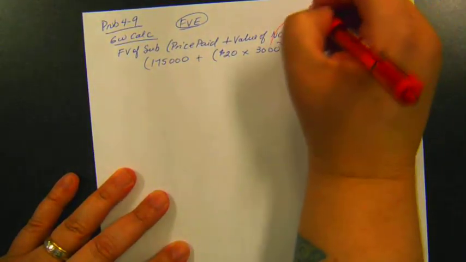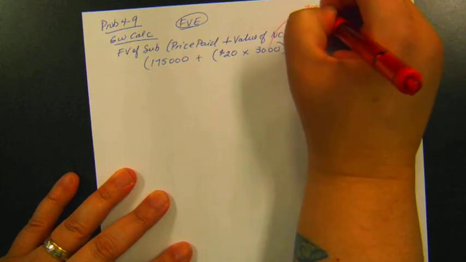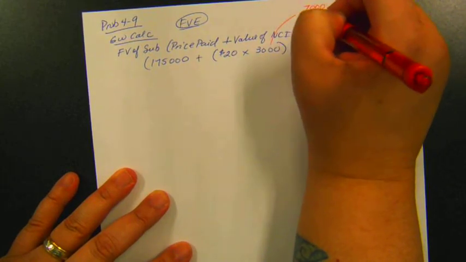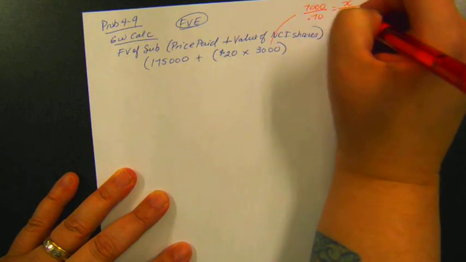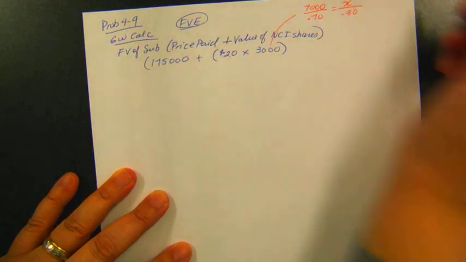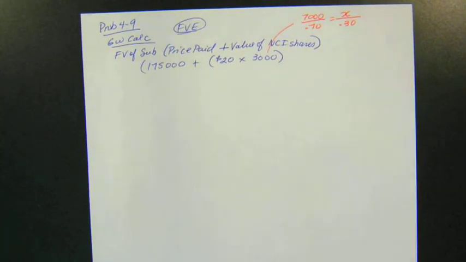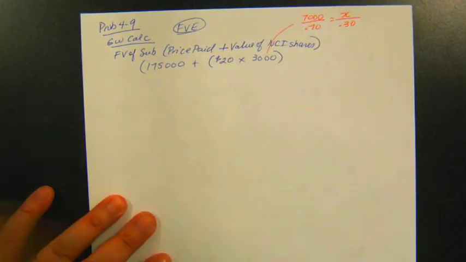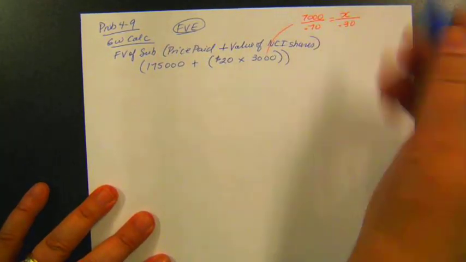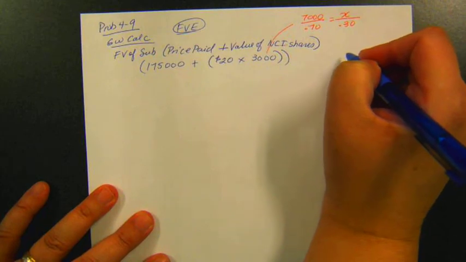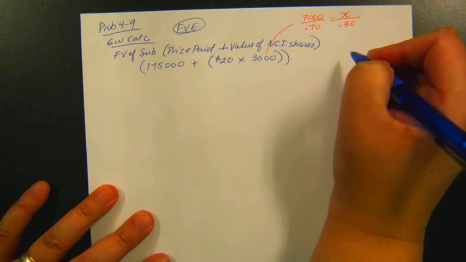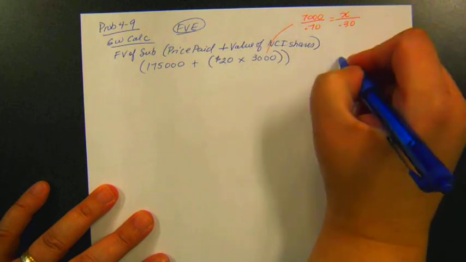Because we know that 7,000 is 70%, so we can solve for X to make 30%. However you want to think of it. A lot of times they're paramount, 70, so the rest has to be 3. Okay, and that works out to 235.